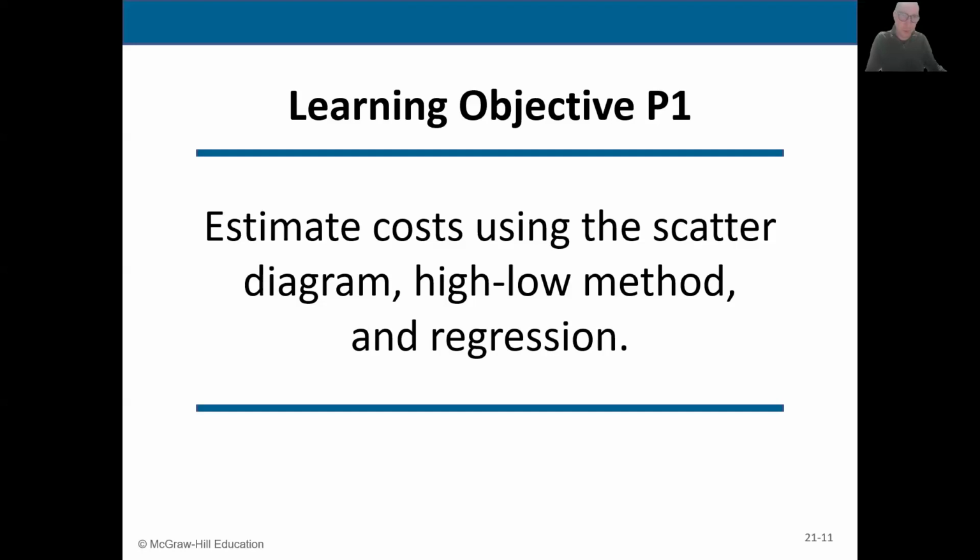One of those is through what we call a scatter diagram. Just as the name implies, it's points of data, and then there's a line, call it a regression line. We use what's called a high-low method. High points of units produced, low points of units produced, high points of total cost, low points of total cost throughout the year. High-low method.